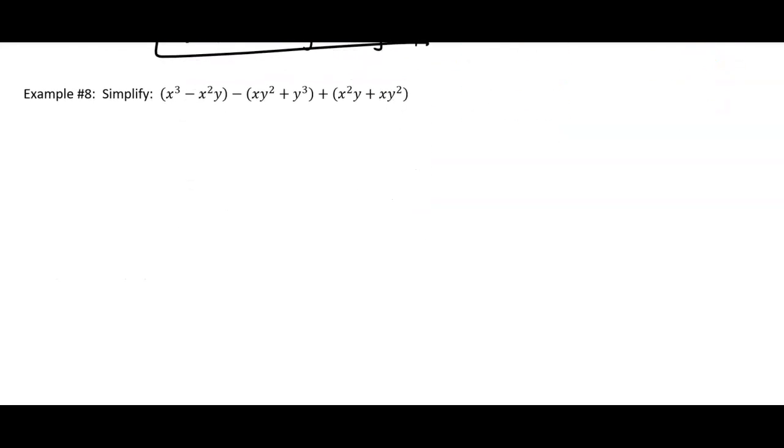Now this last one, we have 3 polynomials, right? Okay, so we've got the first polynomial, x cubed minus x squared y. And then now the second polynomial, that one's being subtracted, so I have to distribute there. So minus xy squared minus y cubed. And then the last polynomial is adding, so I don't have to worry about distributing.